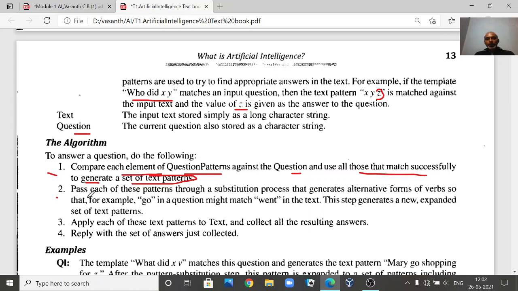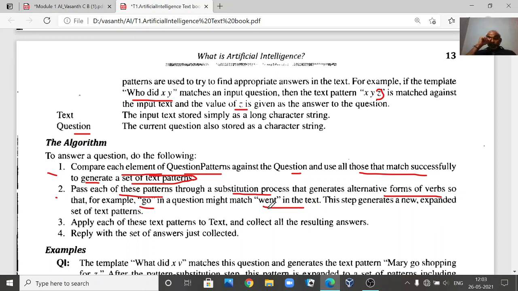Then second step, pass each of these text patterns through a substitution process. So keep on substituting the patterns with the text, whatever it is matching. Now generate alternative forms of verbs. For example, go in the question might match with went in the text, right?